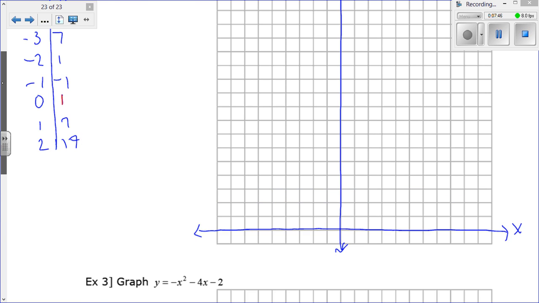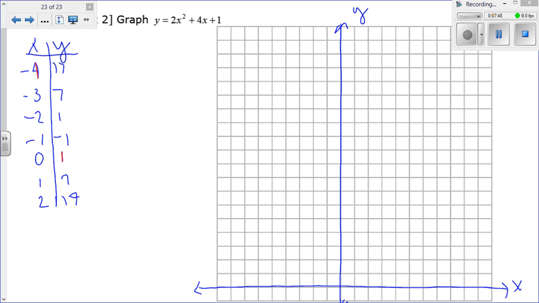So if I'm going to plot my points, I have -4, 17, which is way up there. And then -3, 7.